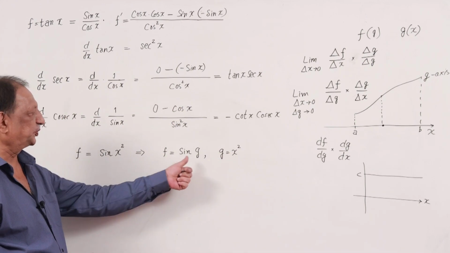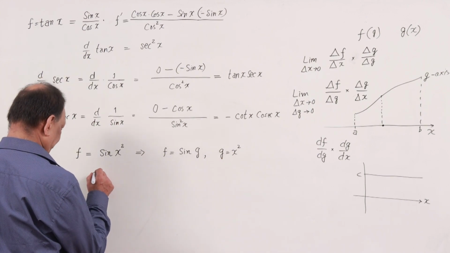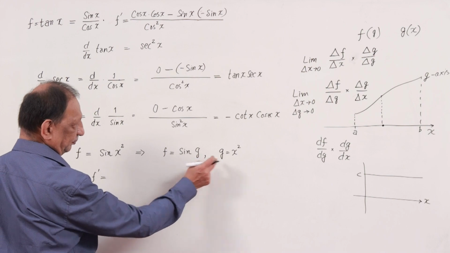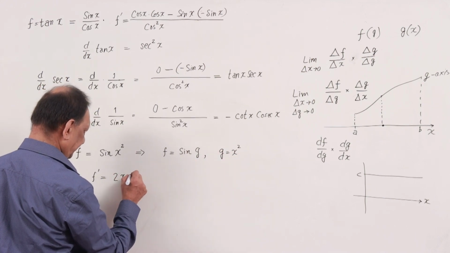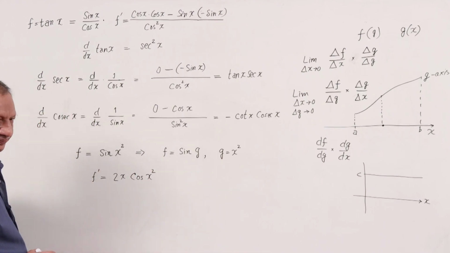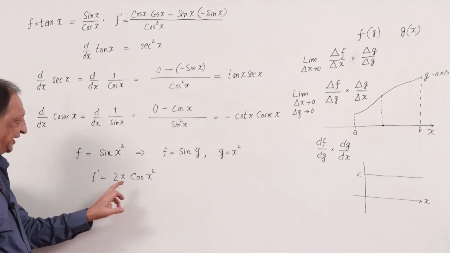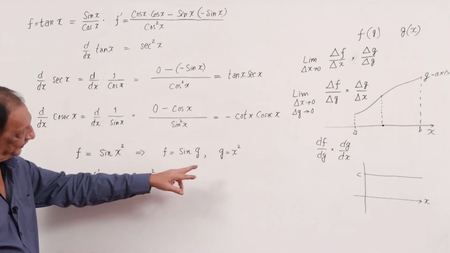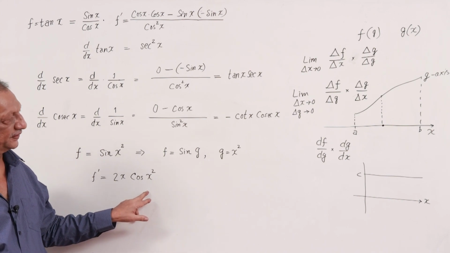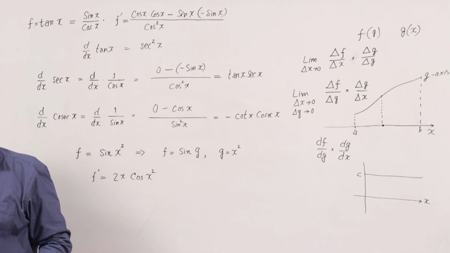So we have to differentiate f with respect to g, multiply by differentiating g with respect to x. So what is f prime? Cos g multiplied by 2x, where g is x squared, so 2x cos x squared. When you differentiate sine x squared with respect to x squared, you get cos x squared, multiplied by the differentiation of x squared itself with respect to x. 2x cos x squared will be the result. Okay? Yeah, that is very nice.